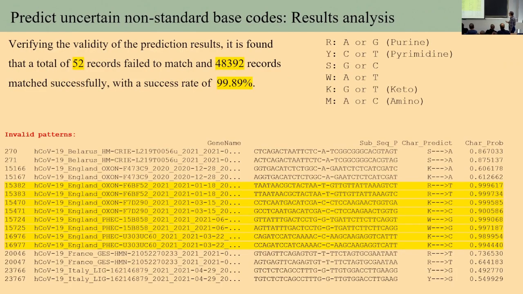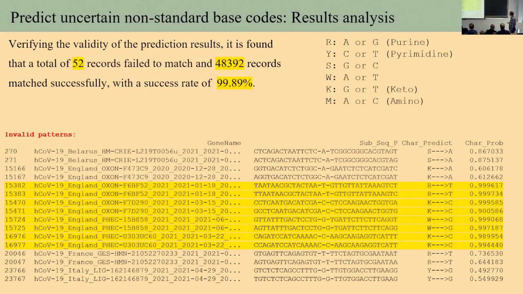So that's the way we get this one. After the study for the COVID-19, we see that we can get a very high success rate, 99.89. The success rate means, if we have R, we predicted it's A or G, we consider that a success. But there are some examples that are an invalid pattern.